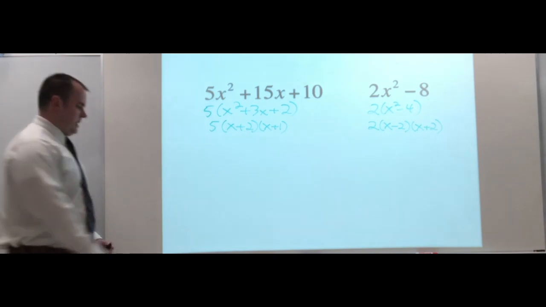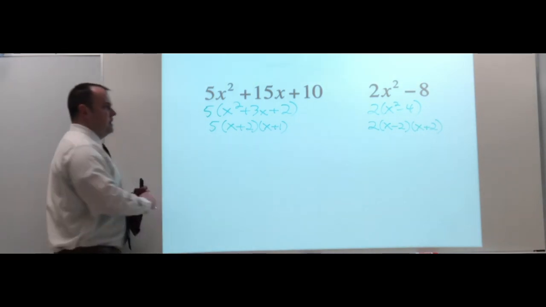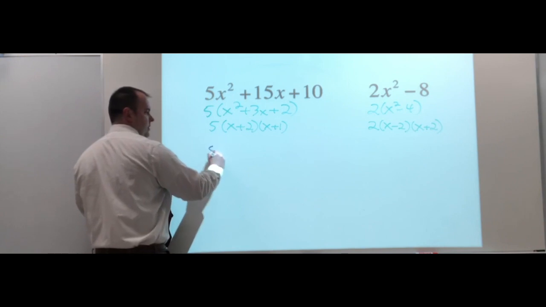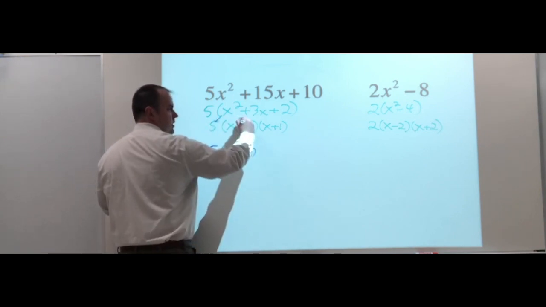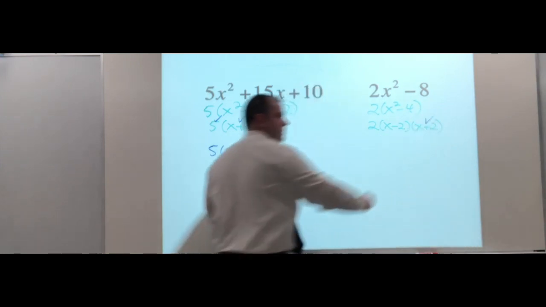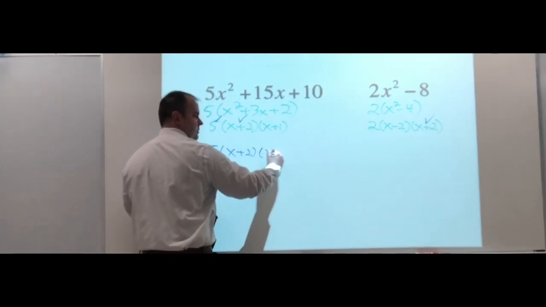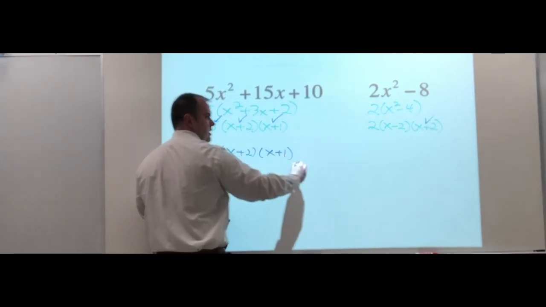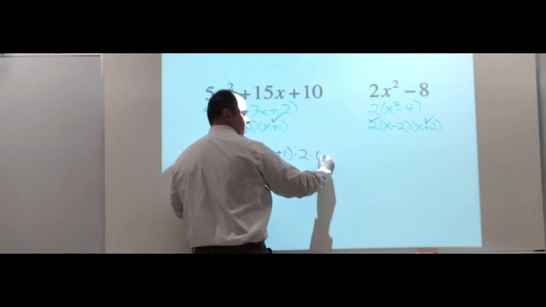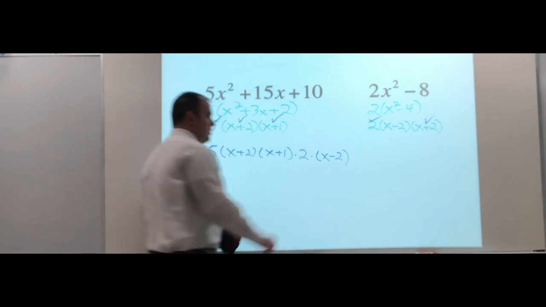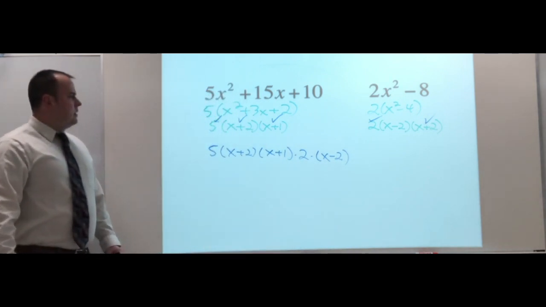Okay. Now I'm going to go through the pieces we have and pieces we need. We have the 5. We have x plus 2, which this x plus 2 is also going to be represented. x plus 1. We have our 2. And we have our x minus 2. Okay.